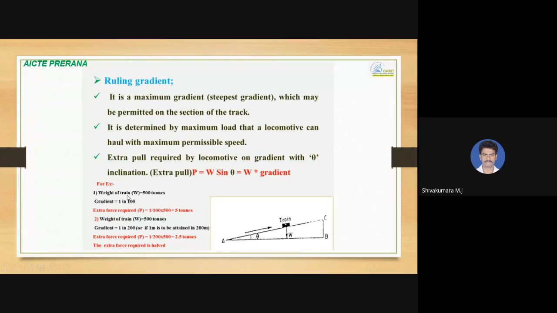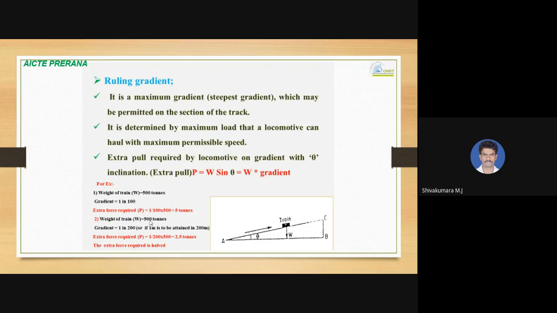So for example, if the weight of the train is 500 tons, and the gradient which is provided is 1 in 100, in such cases the extra force which is required to pull the locomotive will be 1 in 100 of 500 tons. You calculate it, you are going to get 5 tons.